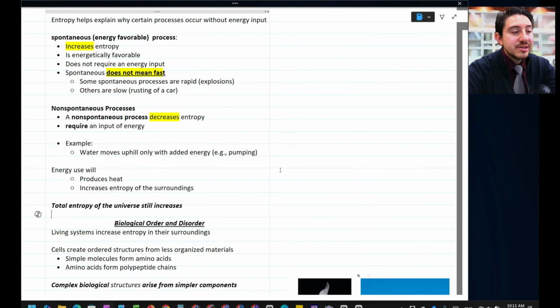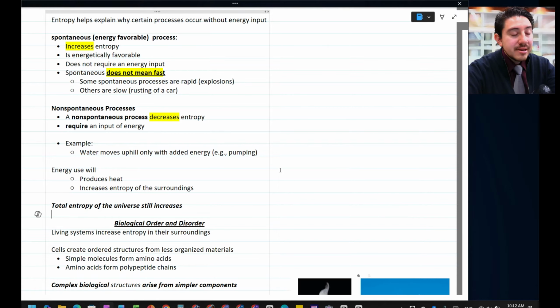It is energetically favorable, as I mentioned. They don't require more energy being put in. But again, something to note, spontaneous does not mean that it's going to occur instantaneously. It will occur because you don't need any additional input of energy.